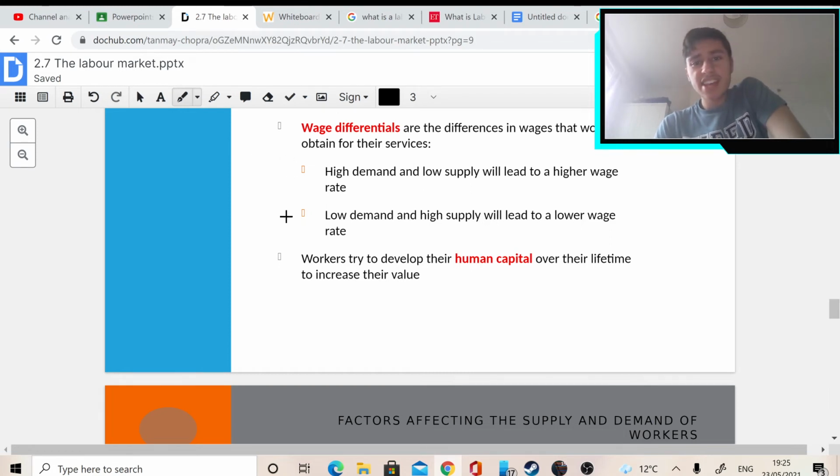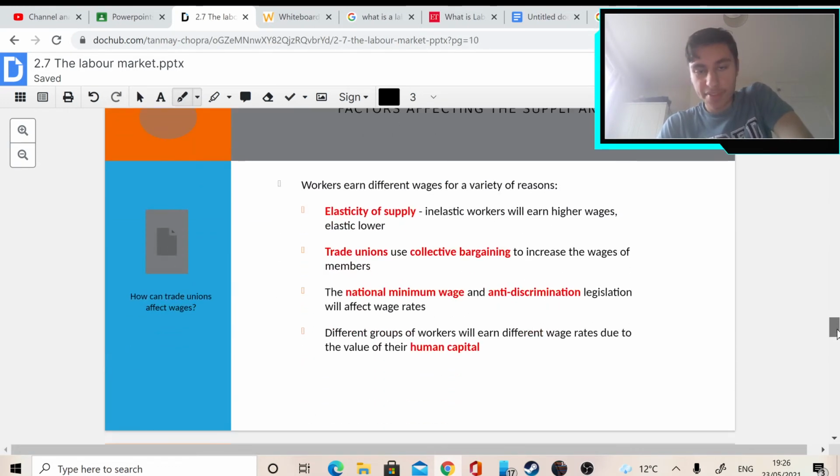I would leave this as an exercise for you, to explain why this happens. I actually gave you a bit of explanation in the last 30 seconds. Try to make a graph for it and you'll understand why. Workers try to develop their human capital over their lifetime to increase their value. Of course, if they have more skills, their value increases, and they can get higher wages. Workers earn different wages for a variety of reasons. Elasticity of supply: inelastic workers will earn higher wages, elastic lower.